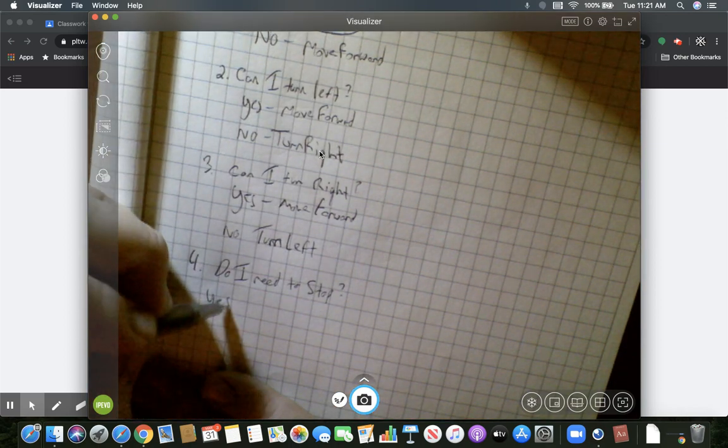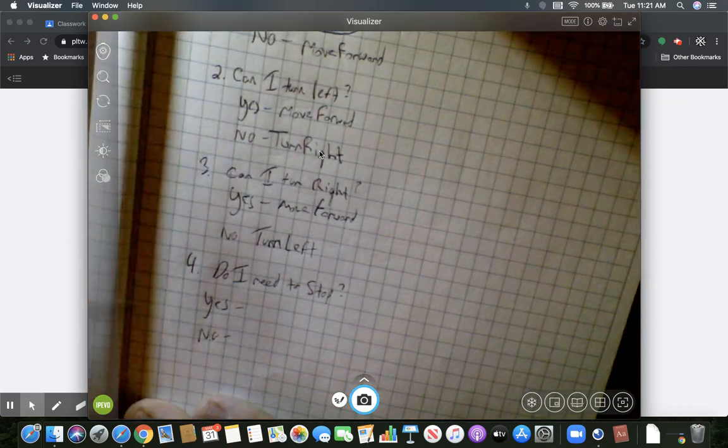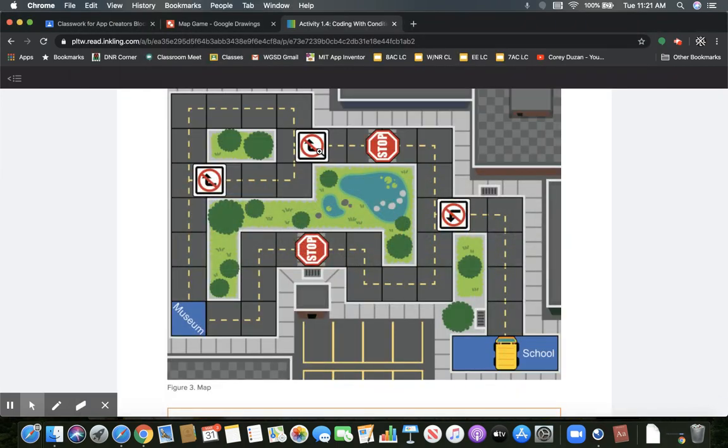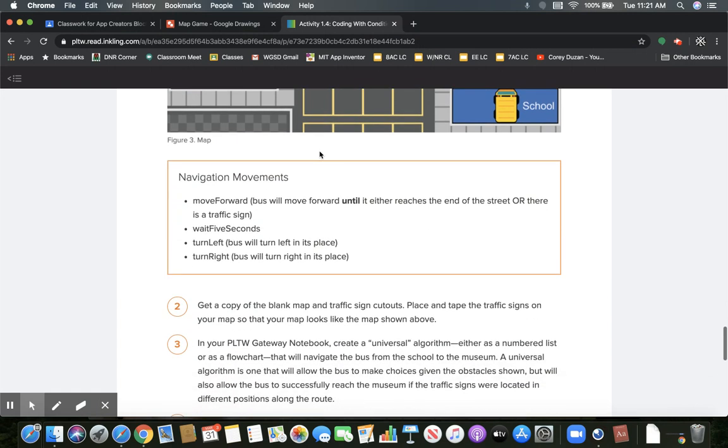Okay. If we need to stop, what command do we need here? Take a look at the commands. What command do we need here if we need to stop? All right. If you said wait 5 seconds, that is correct.